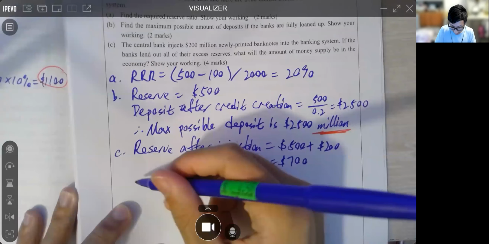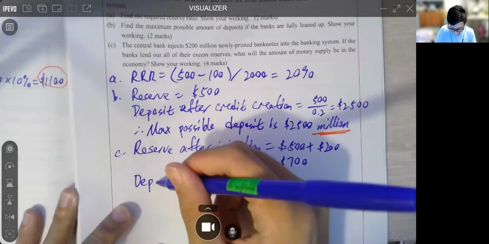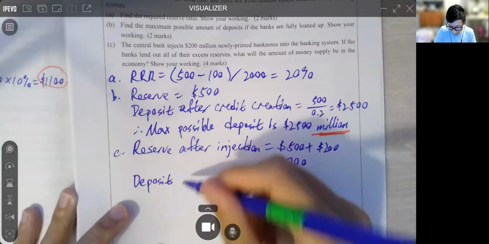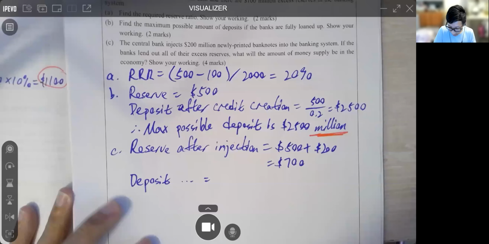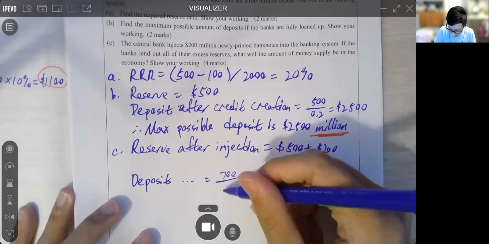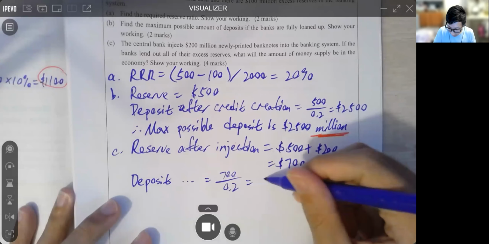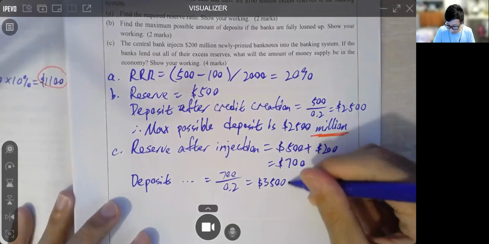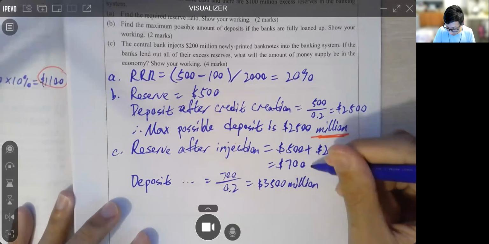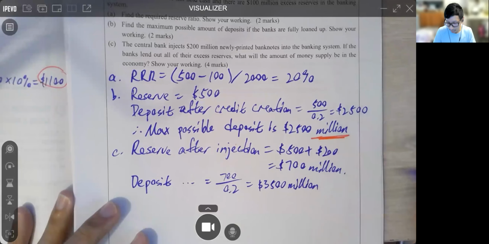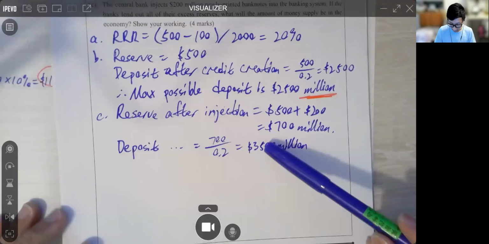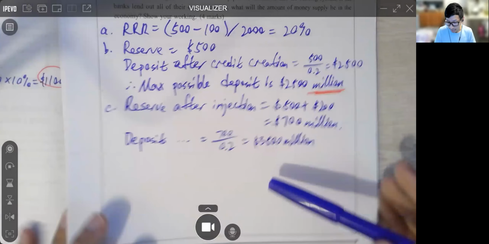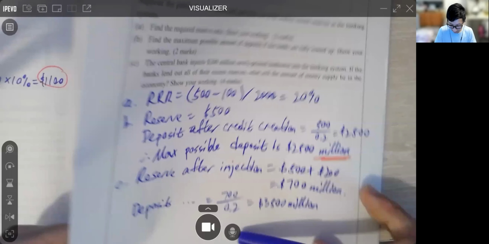And the deposit after credit creation would be 700 divided by 0.2, which would be this amount, million. So 3500.